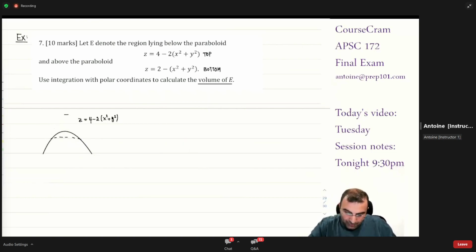So I hope I've made this a bit clear. So this is the volume that we're trying to find. So the top paraboloid is this, the bottom paraboloid is this.